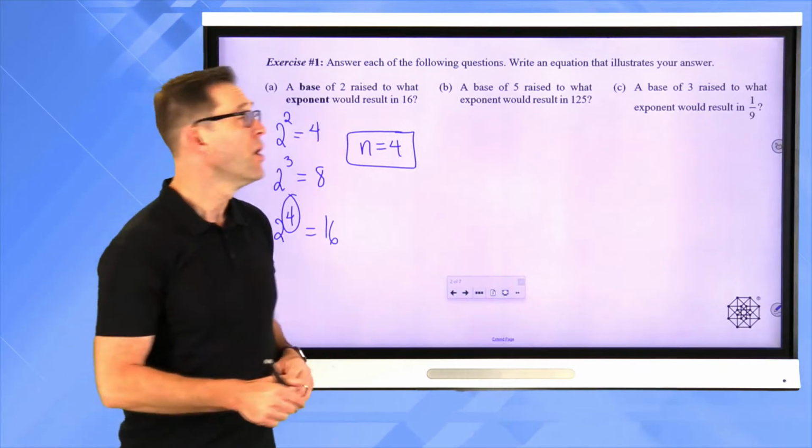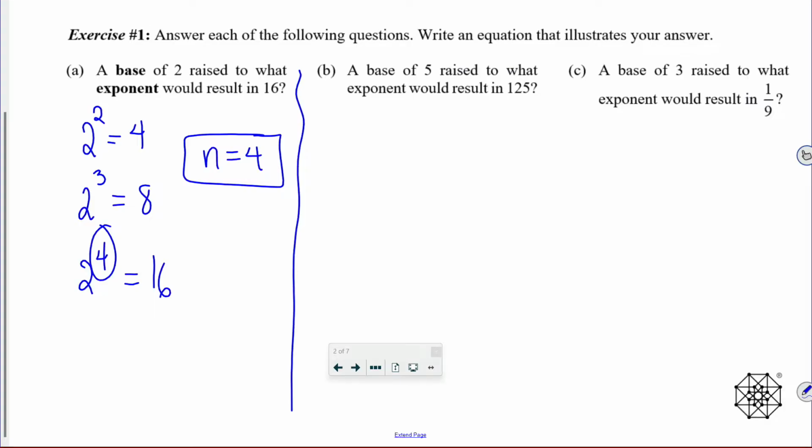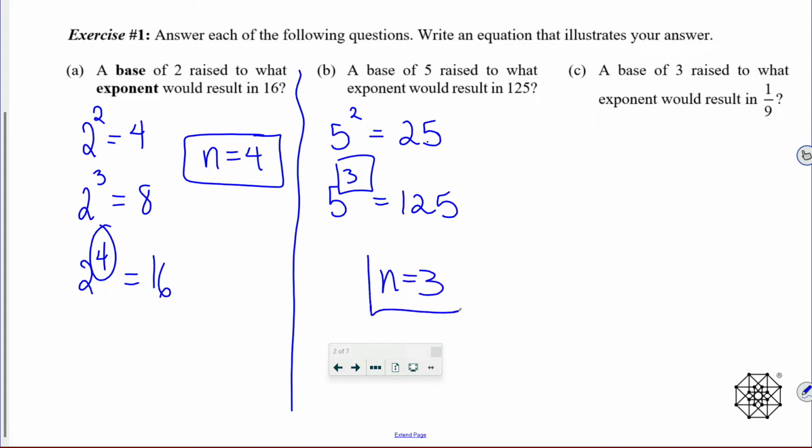All right, great. A base of 5 raised to what exponent would result in 125? Well, we know 5 to the second is 25, and 5 to the third, multiply that by 5 again, is 125. So an exponent of 3 would give us 125 if we raise 5 to that exponent.